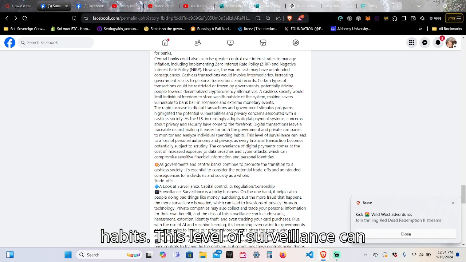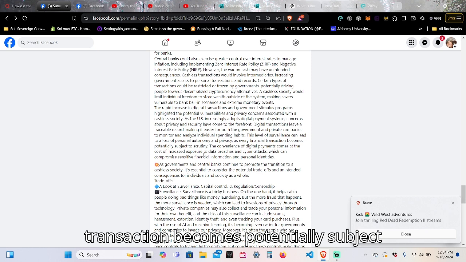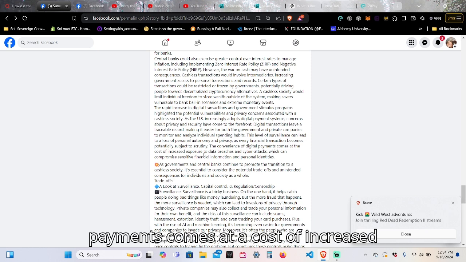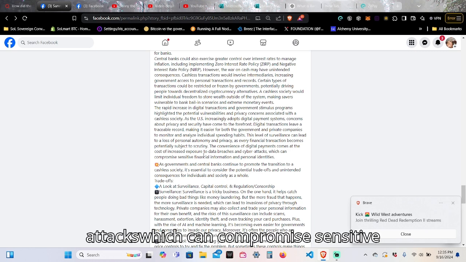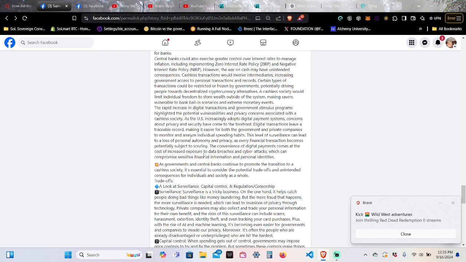This level of surveillance can lead to a loss of personal autonomy and privacy, as every financial transaction becomes potentially subject to scrutiny. The convenience of digital payments comes at a cost of increased exposure to data breaches and cyber attacks, which can compromise sensitive financial information and personal identities.